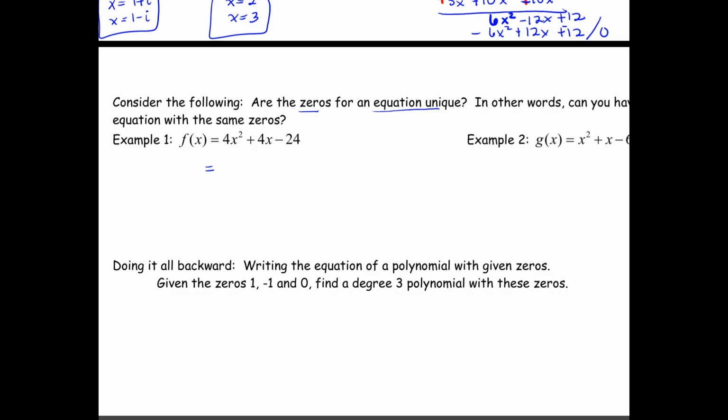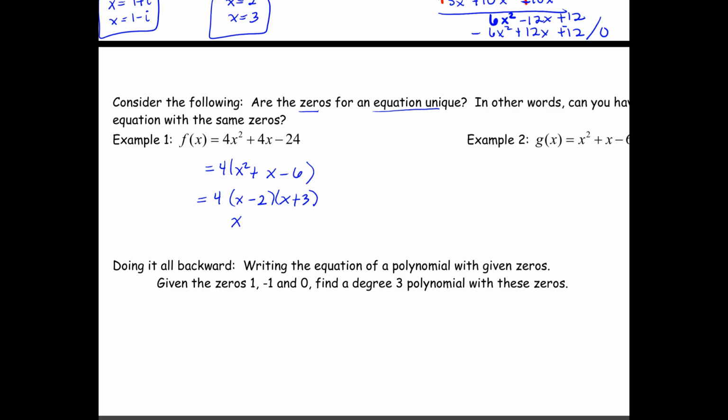What would I do in example 1 to find the zero values? Just take out the 4. I'd have x squared plus x minus 6. And then what would I do? Just factor. Oh, this was the nice algebra. x plus 3, x minus 2.